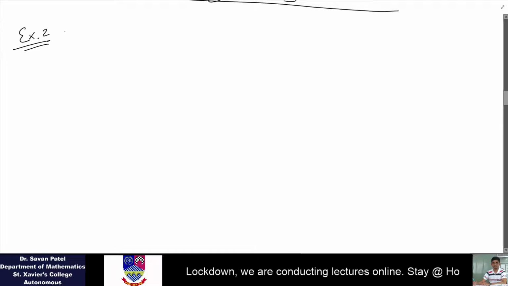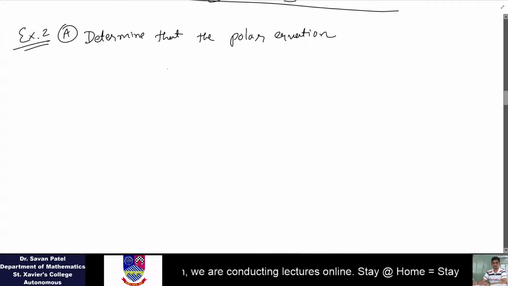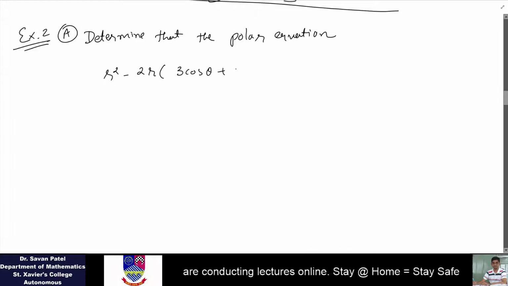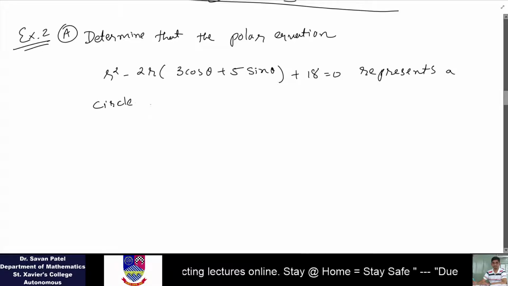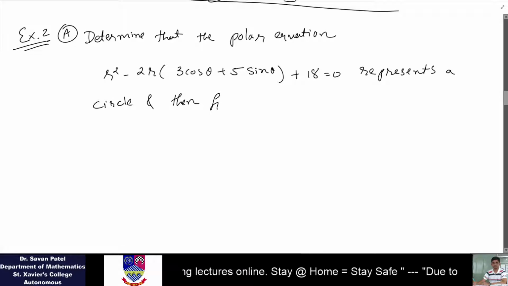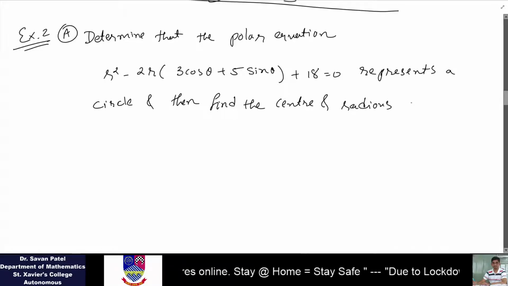First of all, determine whether the polar equation given as r square minus 2r into 3 cos theta plus 5 sin theta plus 18 is equals to 0 represents a circle, and then, if it is representing a circle, find the center and radius of it.